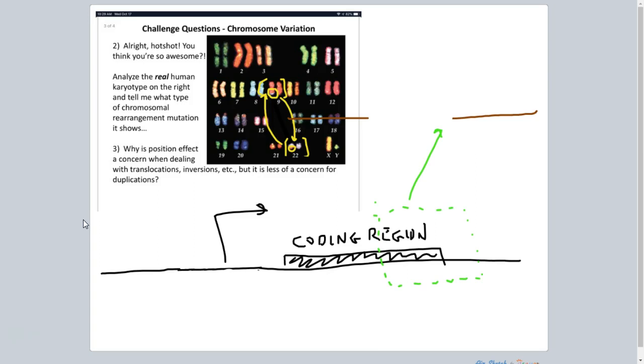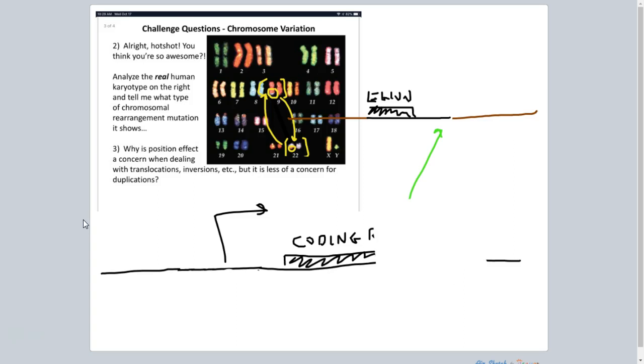And then let's do the insertion. And of course, this isn't a duplication, that means the original is actually gone. So this region is missing, and we have to now stitch these ends together. So I'm going to move that DNA there. And yeah, that's our translocation.